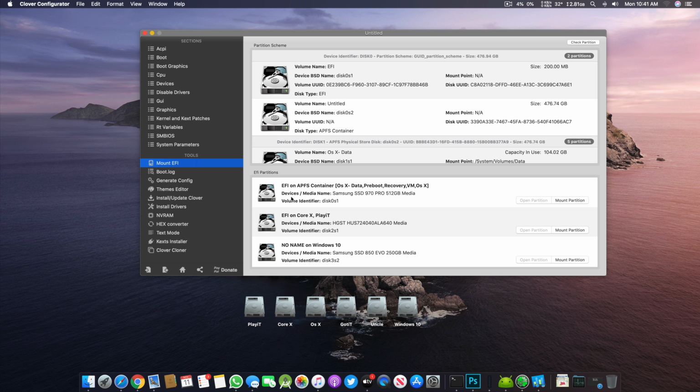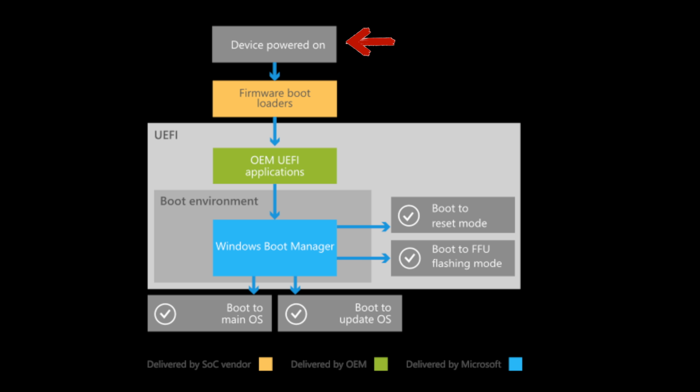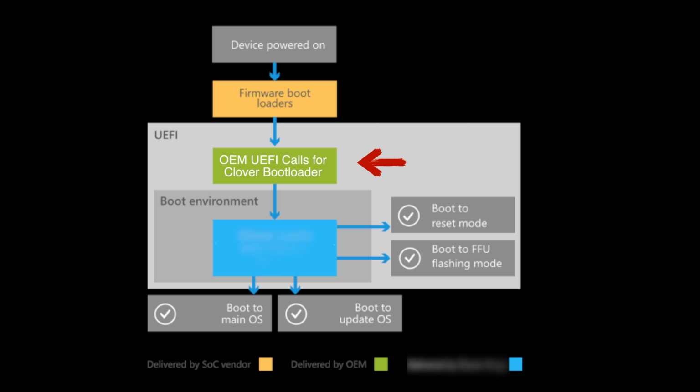The number one step which occurs after you turn on your system is that the UEFI calls a bootloader on your hard drives. On a Hackintosh system, when you turn on your system, your UEFI is itself a BIOS, a firmware which calls an operating system. So your UEFI boots up and then it calls another UEFI system, which is the Clover bootloader, and then the Clover bootloader calls macOS to boot.